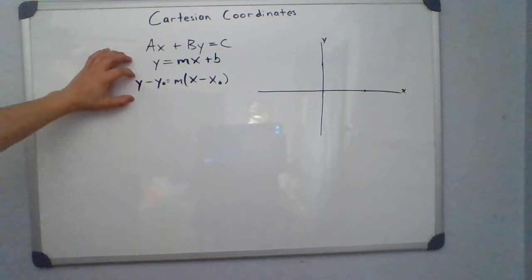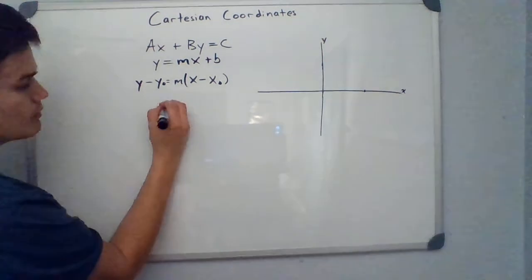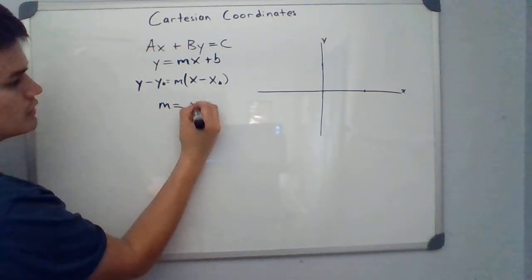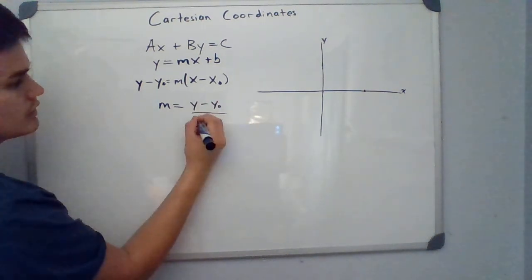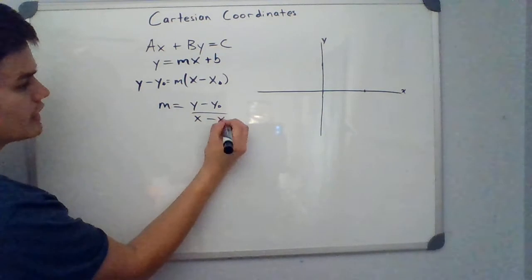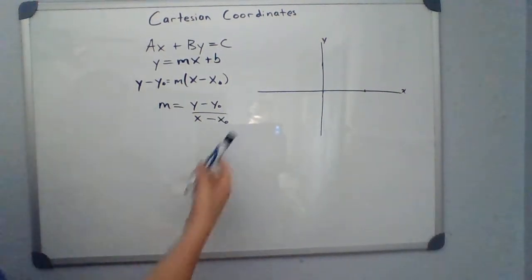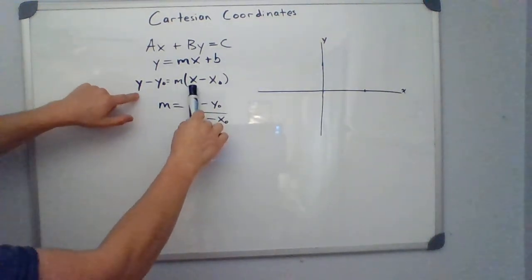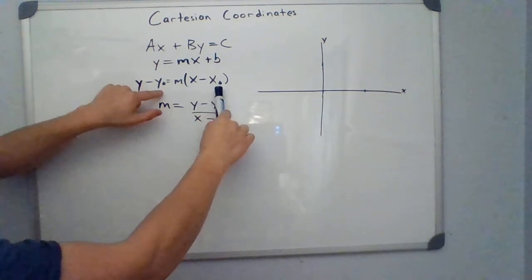So I think this is called point-slope form, and this is derived from the equation for a slope, y minus y naught divided by x minus x naught, or you might see y2 minus y1 over x2 minus x1. And then for the equation of a line, we let one of those points be variable, and then this is our known point.